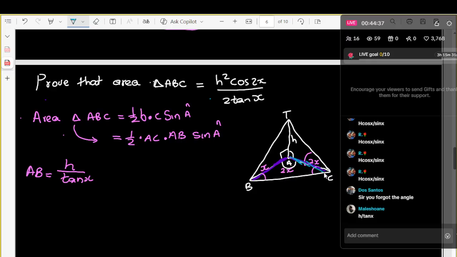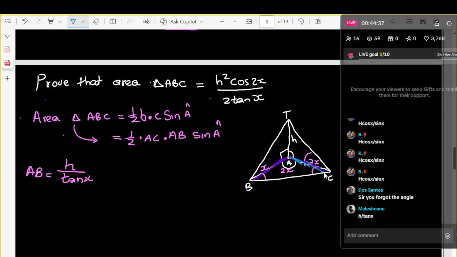This is what we have in triangle ACT. We have this as 2x, we have this as 90, this is my A, this is my C, and this is T. So we have the opposite and we are looking for the adjacent. Which one are we going to use? According to SOHCAHTOA, we're going to use tan. So the tan of that angle 2x is equal to opposite, which is h, over adjacent. This will give AC.